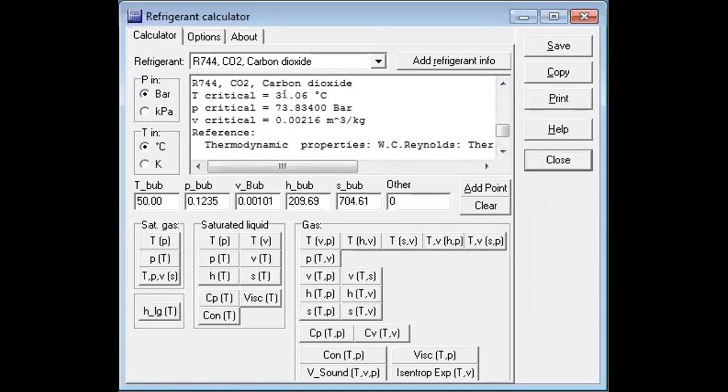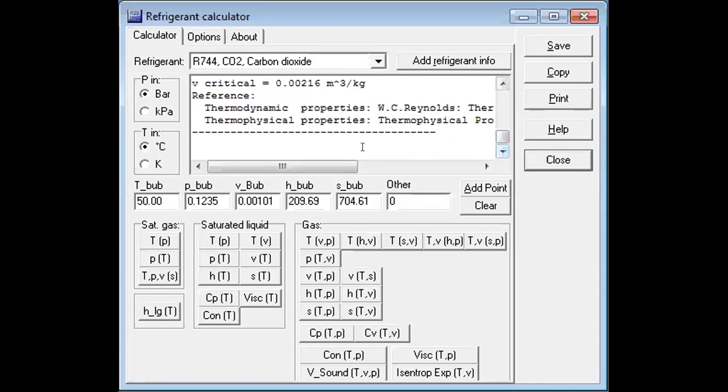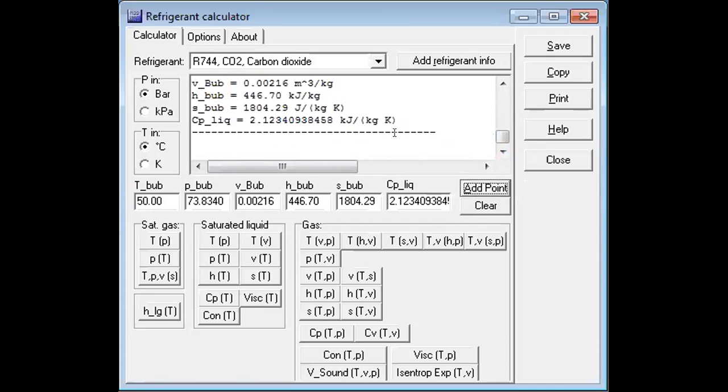CO2 critical temperature, critical pressure, critical specific volume, reference, all here. Now we can add, let's say, 50. What is the pressure? Click the pressure. For the saturated liquid values, you need the volume, even enthalpies, entropies, anything. Let's say the CP value for liquid. You get the values.